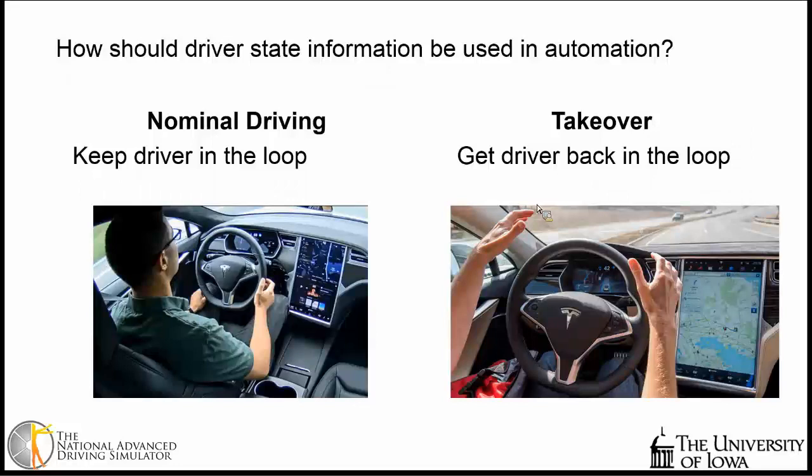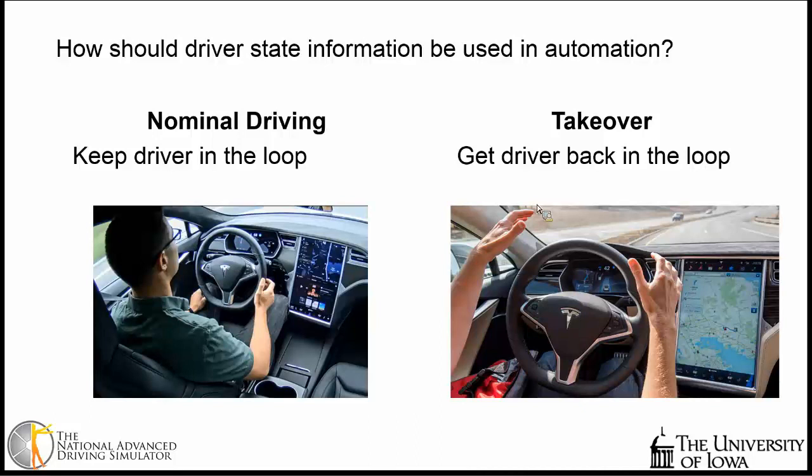We want to begin the discussion today by talking about how a driver's state can and should be used in the context of automation. I think that's where we started this project from. We can think of it being used in many different cases, which we can categorize in a couple of ways.